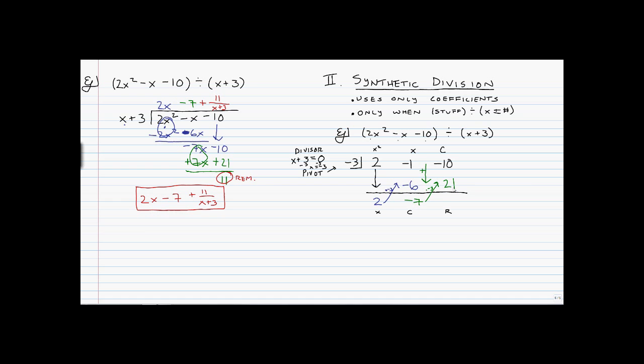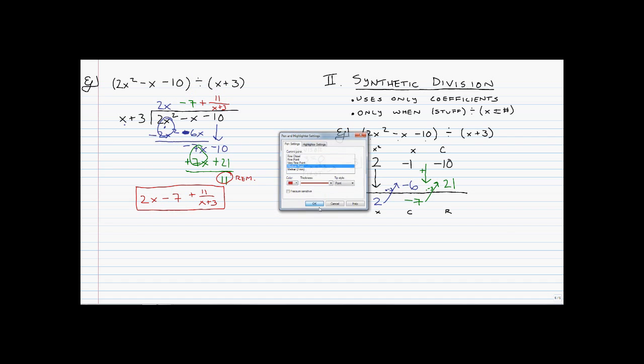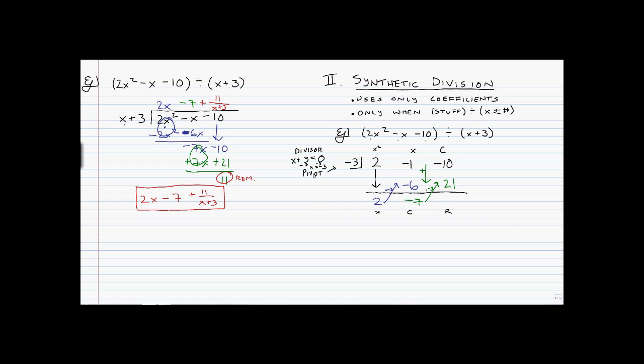And now once again, we are going to add. So I'll get one more color pen. When we add going down, negative 10 plus 21 is going to be positive 11, and of course now we're done.